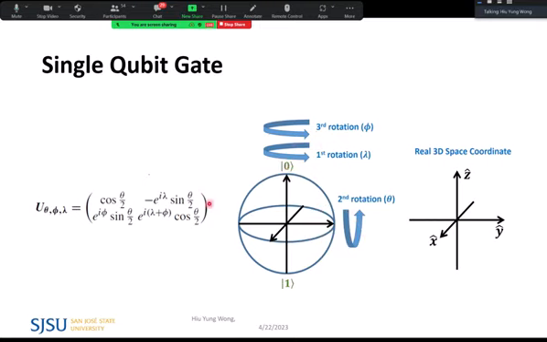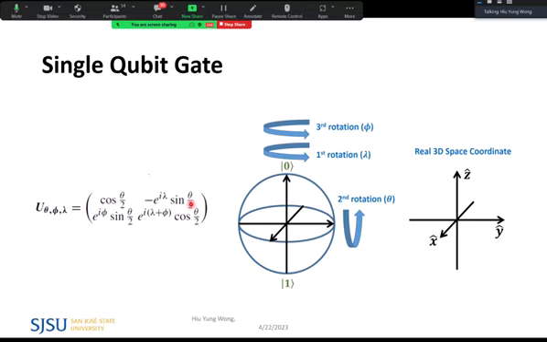Then it corresponds to this matrix. You can ignore it, but this matrix is useful for us to construct a physical qubit. What I want to tell you is that a single qubit gate is a rotation on the Bloch sphere, and by getting the correct matrix, we know the angle we need to rotate.